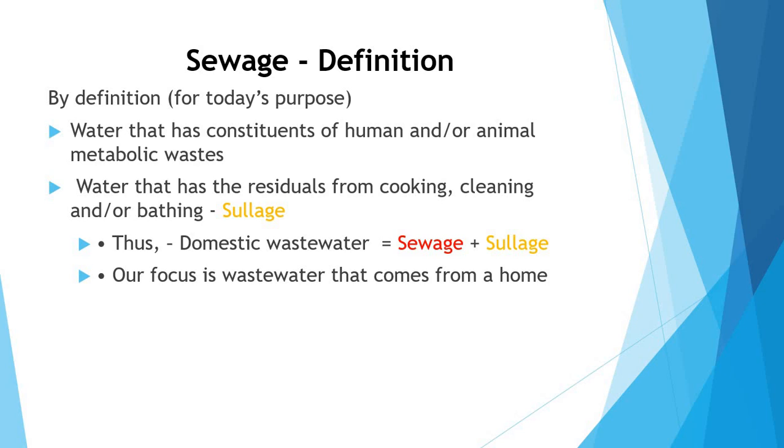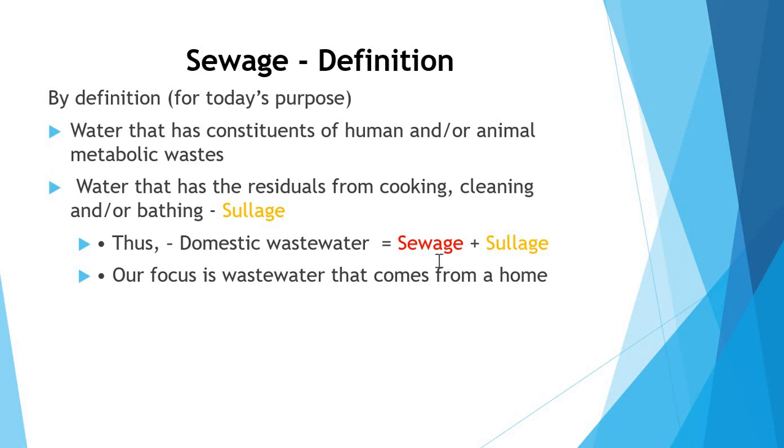When we come to the definition of sewage, for today's purpose it is water that has constituents of human and or animal metabolic waste, and those waters that have the residuals from cooking, cleaning or bathing activities are called sullage. Thus the municipal wastewater or the domestic wastewater is the combination of sewage and sullage.